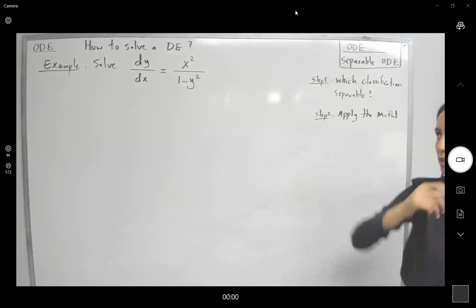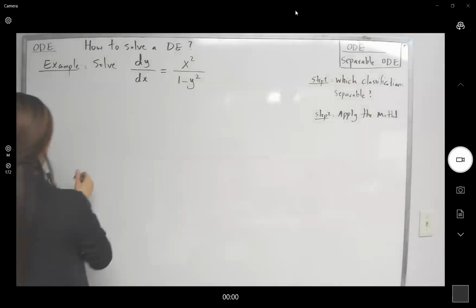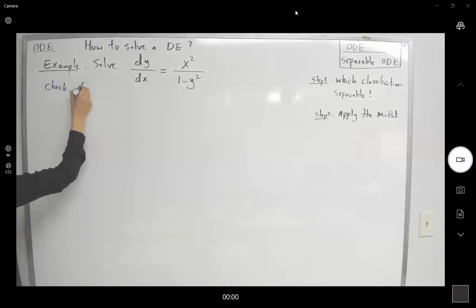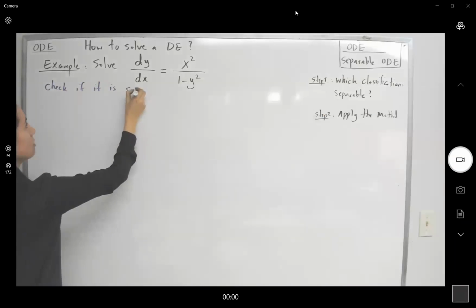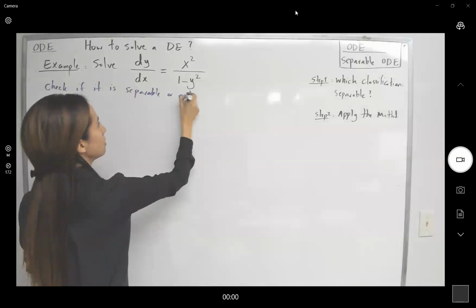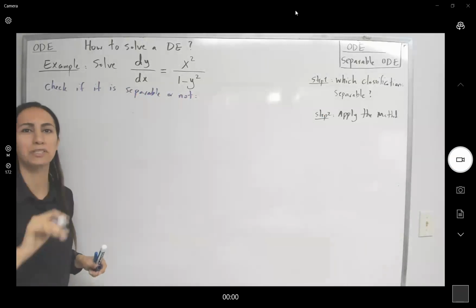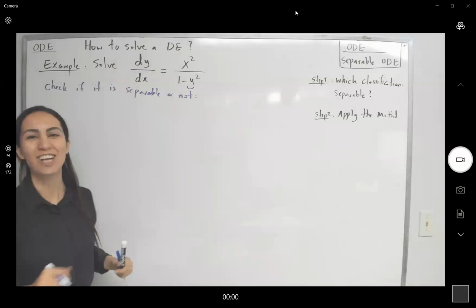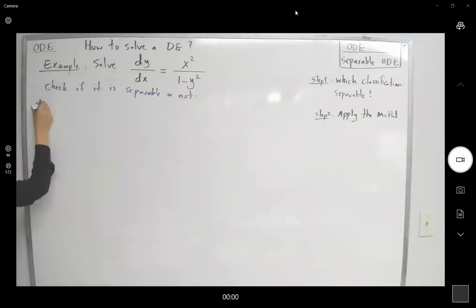So check to see if it's separable or not. How? Doing the algebra. You need to have all y's on one side, all x's on the other side.